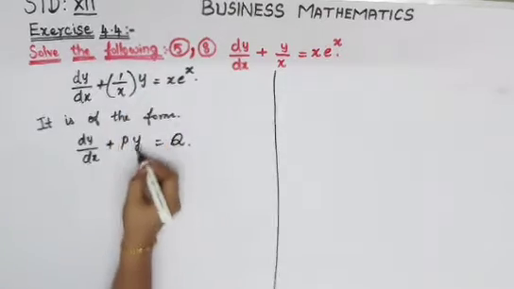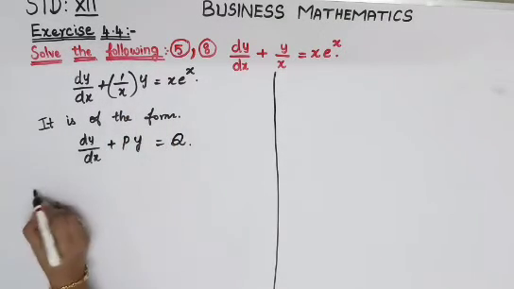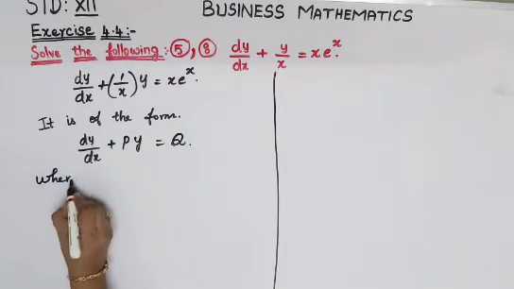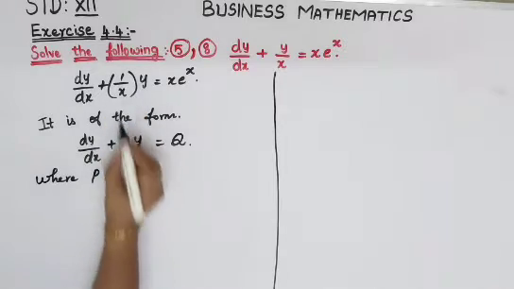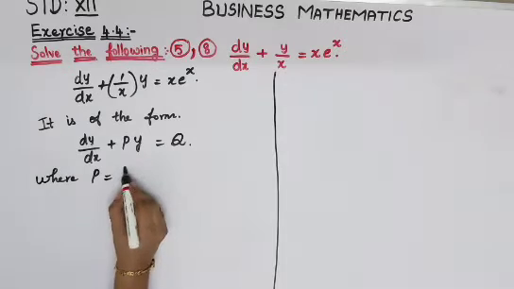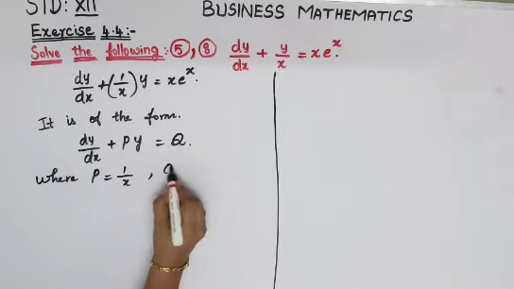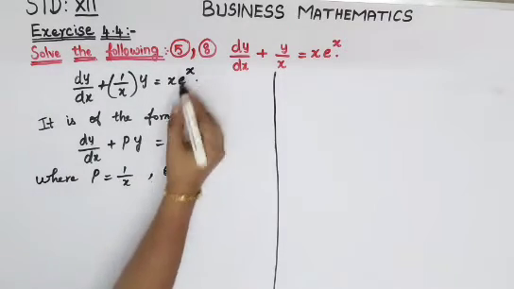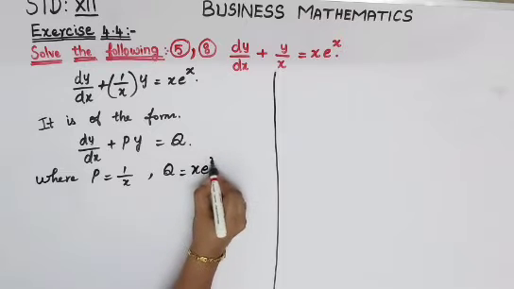Comparing these two equations, we can write p and q. Where p is 1 by x. Leave your y, write all the other terms, so it is 1 by x. And your q is equal to this whole thing, x e power x.